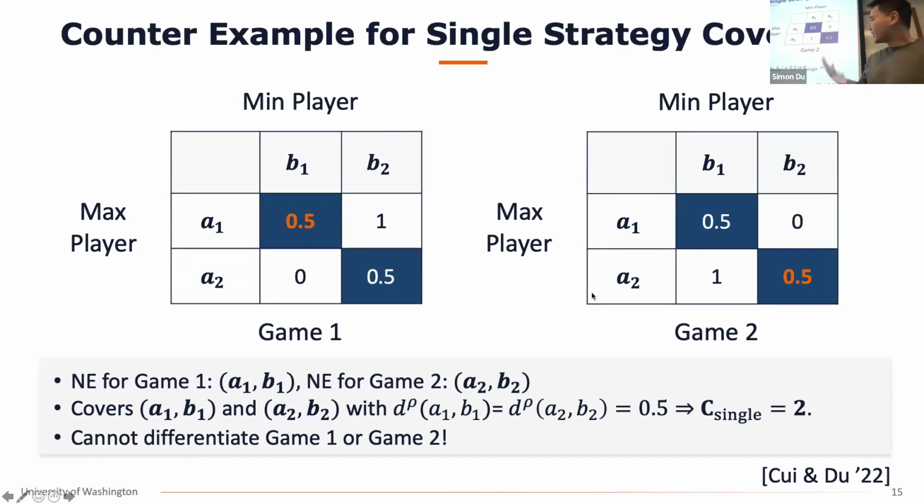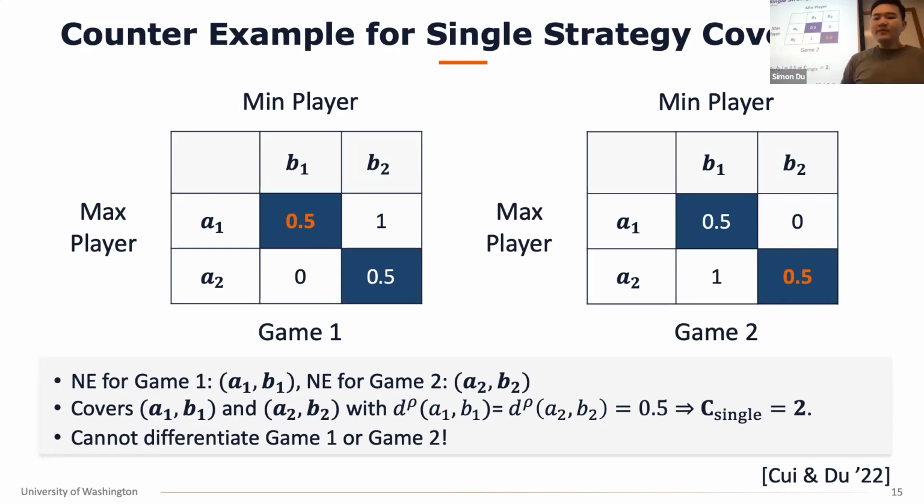For the second game, we swap the rewards of A1, B2 and A2, B1. So A1, B1's reward is 0.5, A1, B2's reward is 0, A2, B1's reward is 1, and A2, B2's reward is 0.5.